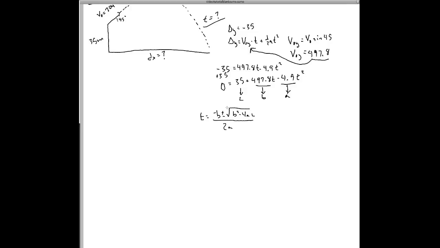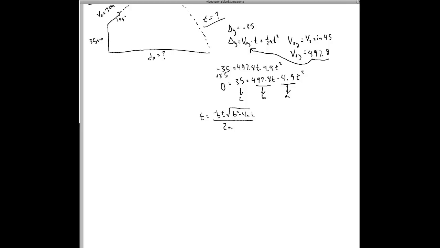So t equals this. Plug in your values for b, a, and c, or you could come by my room, or you should have come by my room and gotten this program. A lot of you didn't. Those of you that have the program, if you still have your cable, you can share with your peers. But I am going to plug this in real quick to give you a value that we can work with.